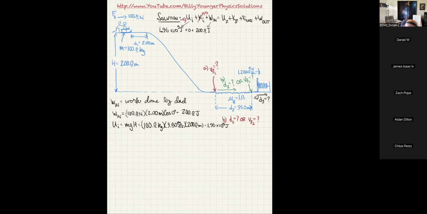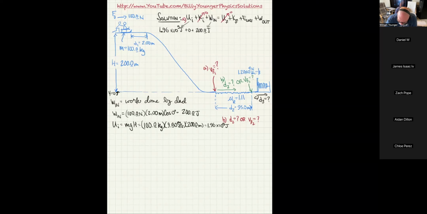Now, the U final, since I called U initial MGH, that means Y equals 0 corresponds to the height at the very bottom. So that's what I'm using for it. That means this potential energy is going to be 0 there.